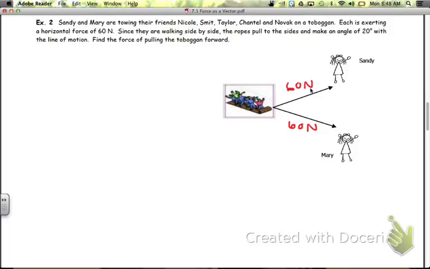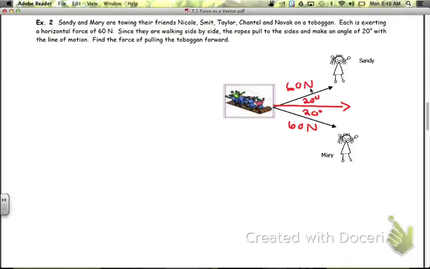Since they are walking side by side and the ropes pull to the sides and make an angle of 20 degrees with the line of motion, this horizontal line is our line of motion. So they each are making a 20-degree angle with that.